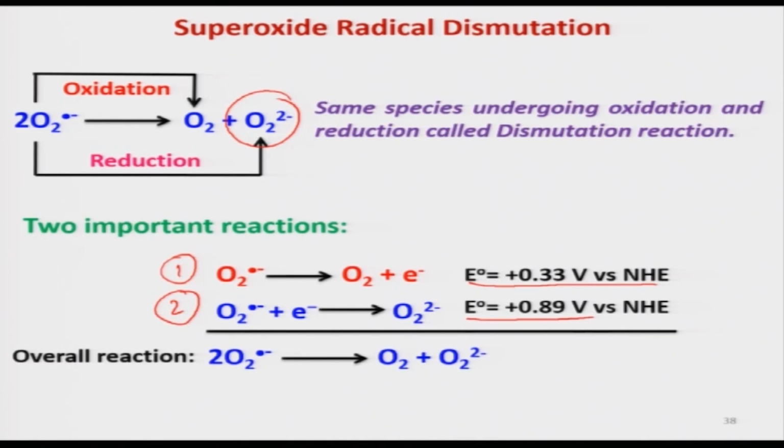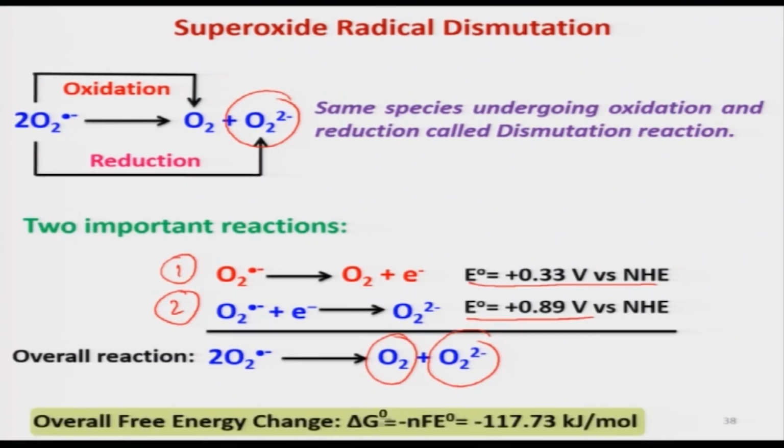So, the overall reaction is 2O2 minus giving rise to O2 plus O2 2 minus, and if you calculate the overall free energy change, delta G, it is minus 117.73 kilojoule per mole, a large negative free energy change.